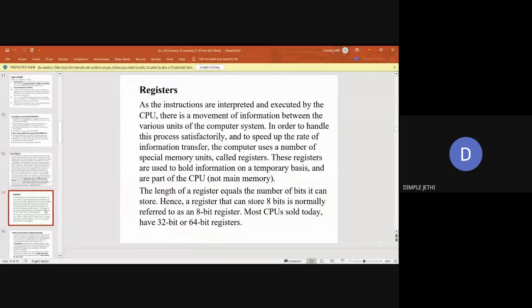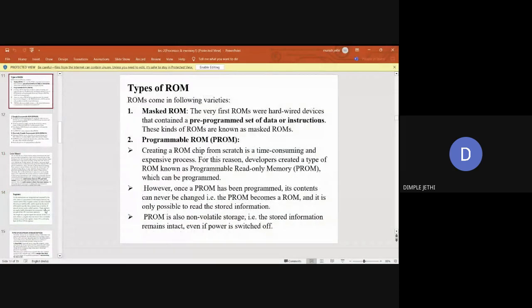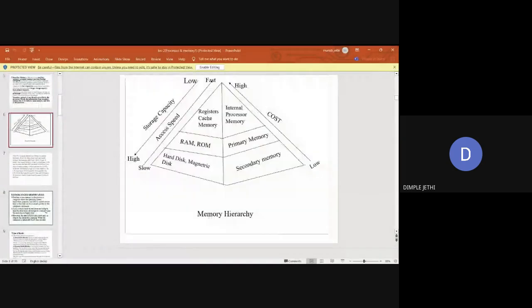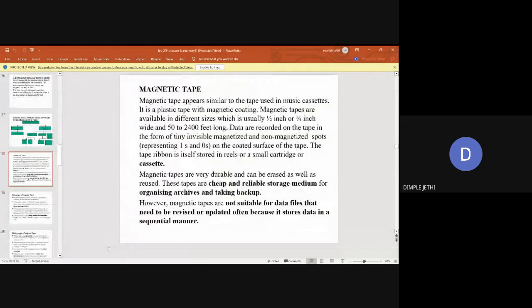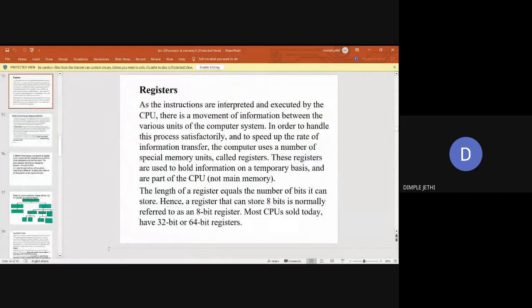Then comes the register, which I said is internal memory, placed on the CPU itself. I told you that registers are the fastest, but they can only store up to 8 bits, 16 bits, or 32 bits. In earlier times, computers used to be only 8-bit or 16-bit computers.